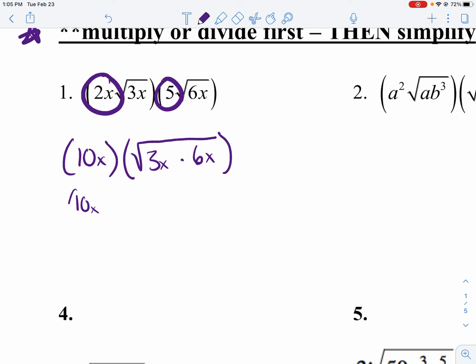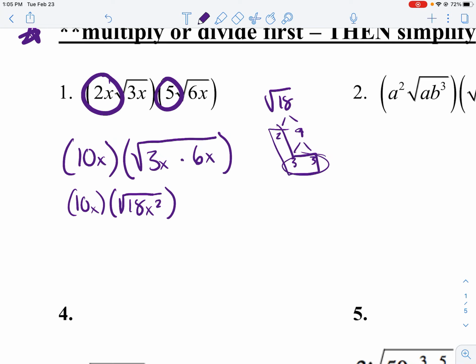So this is going to be 10x, and this is going to be the square root of 18x squared. Now we just simplify as is. Square root of 18, if you did the hockey stick method, 2 times 9, 2 times 3, pull out a pair of 3s, 3 square root 2.